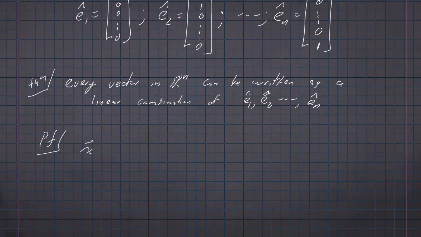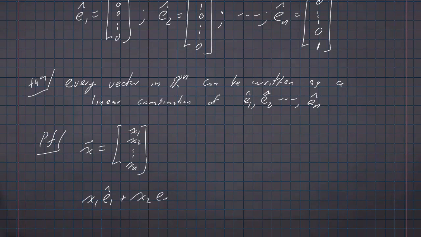Consider the vector x, which is given as x1, x2, down through xn. And notice that if we take x1 times e1 plus x2 times e2 plus dot dot dot plus xn times en, we get vector x.